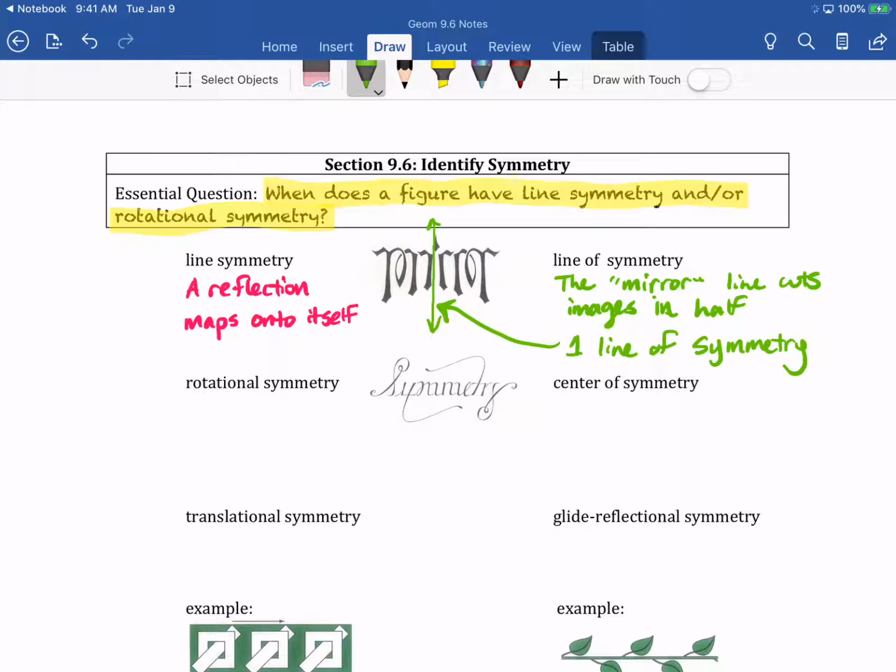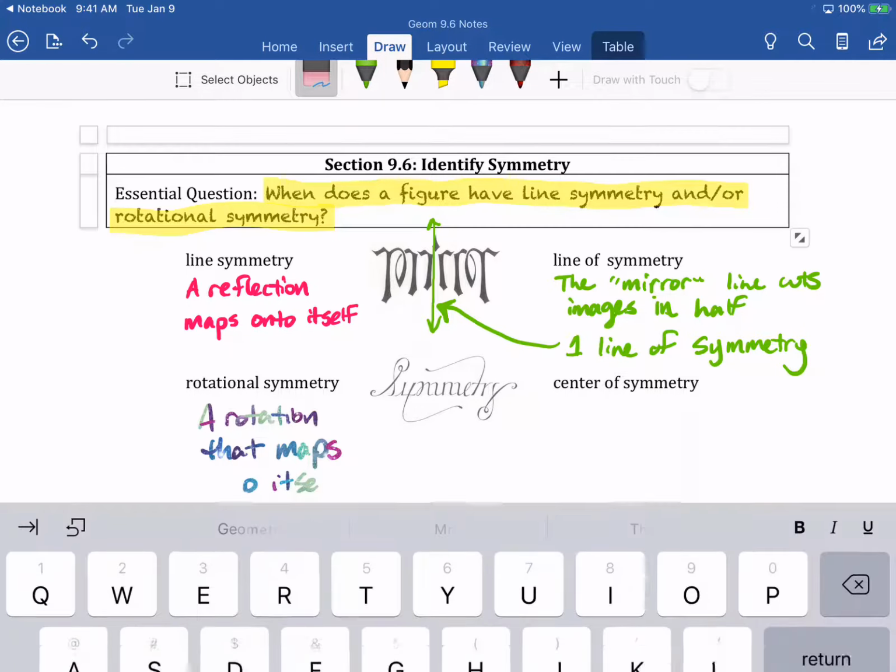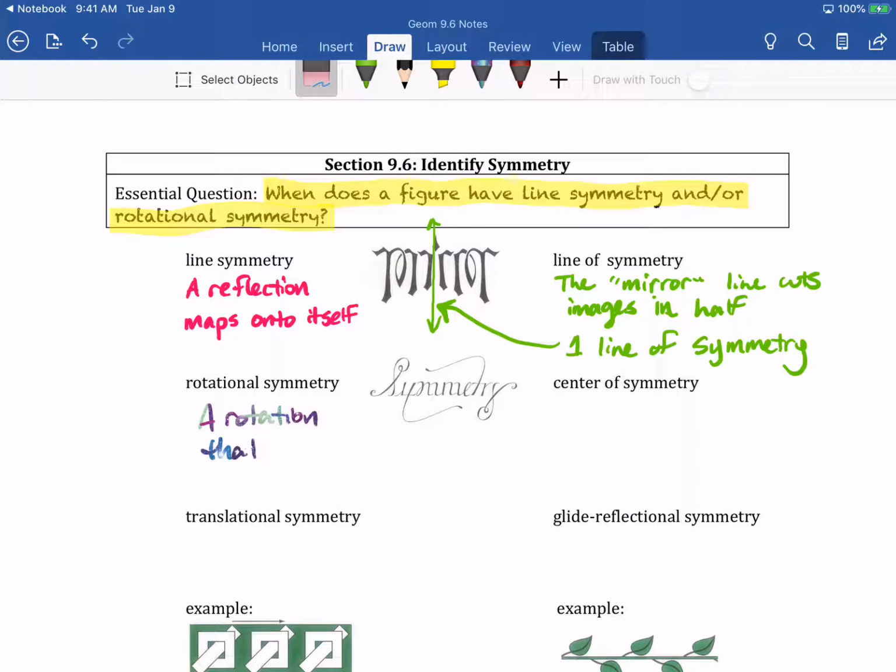Rotational symmetry is kind of similar, but instead it's a rotation that maps onto itself. Oof, that's kind of hard to read, isn't it? Let's just go with a regular pen here.